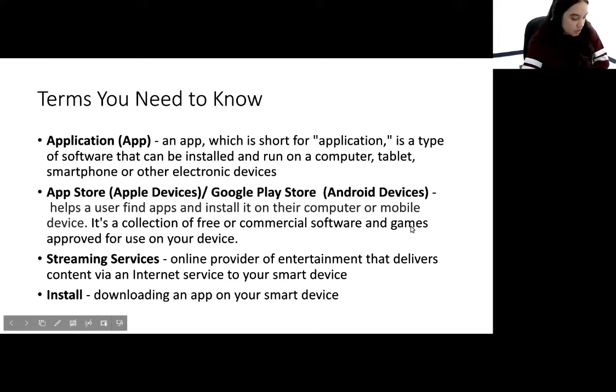Application is a type of software that you can install on either your computer, your tablet, or smartphone. Usually it is for iPads, tablets, and smartphones, but now you can start getting applications on a laptop. But apps are basically just websites converted into programs.